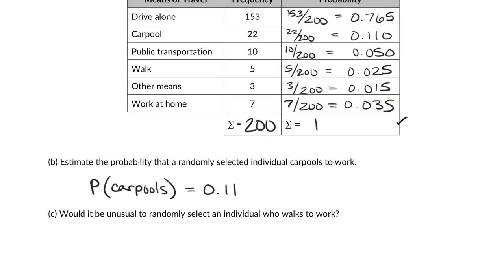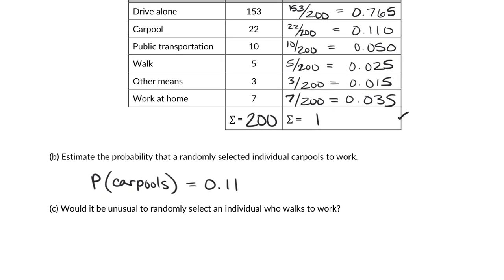Question C says, would it be unusual to randomly select an individual who walks to work? Well, the probability that an individual walks to work is 0.025, which as a percentage is 2.5%. Now remember, to verify that something is actually unusual, there was that percentage we were going to use.